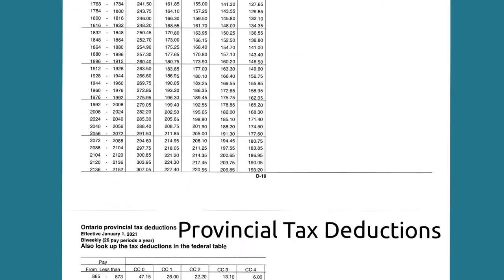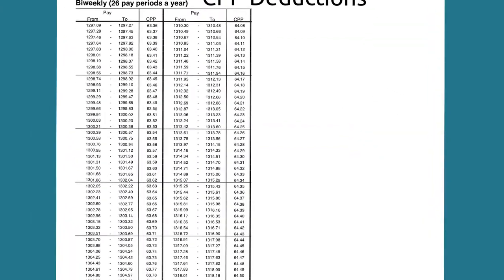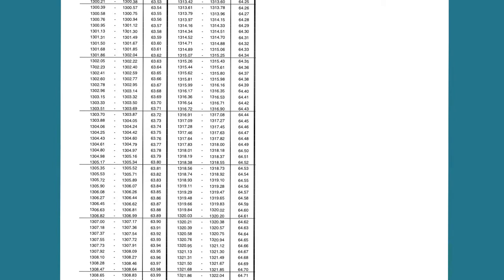The next one here is CPP, the Canada Pension Plan. So go down to that one. Again, the first step is finding her salary. Let me scroll a little bit more. $13.06 would fall right in here, between $13.05.90 and $13.06.07.